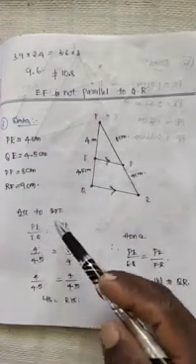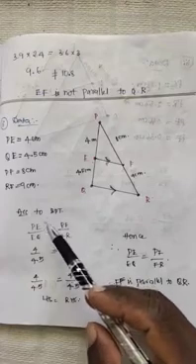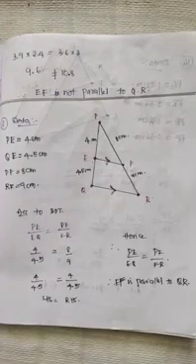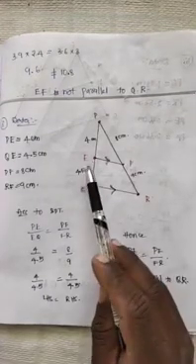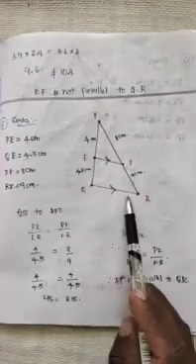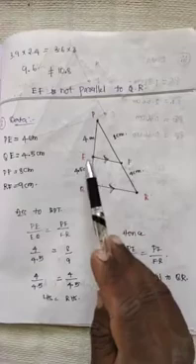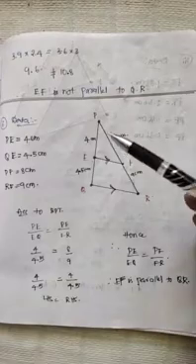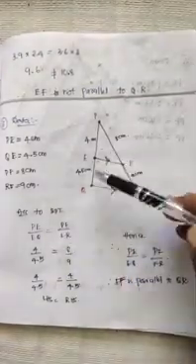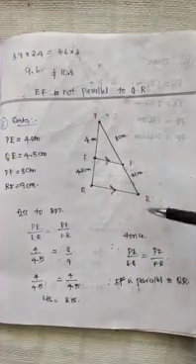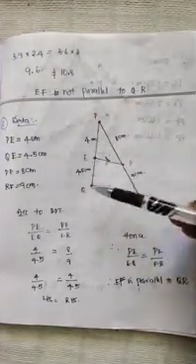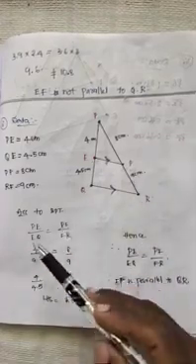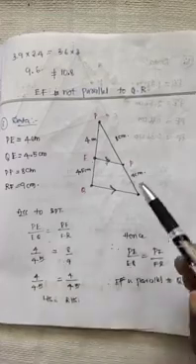As you all know, the basic proportionality theorem states that if a straight line is drawn parallel to a side of a triangle, then it divides the other two sides proportionally. That is, PE by EQ is equal to PF by FR. According to the basic proportionality theorem, PE by EQ is equal to PF by FR.